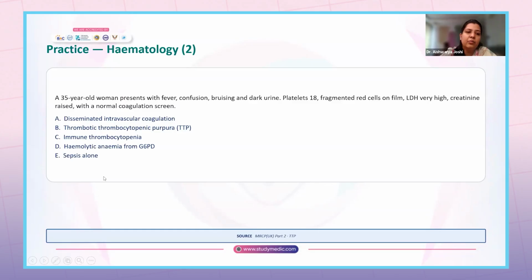I will clearly remove sepsis from here because there are no features here. Bruising indicates skin bleed, which could be due to thrombocytopenia. Dark urine could be due to release of either hemoglobinuria or bilirubinuria, right?